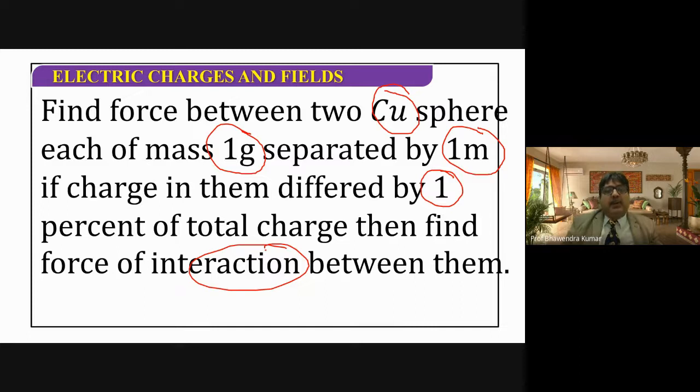Now I hope you won't ask what is the atomic number of copper and what is the atomic mass of the copper. 63.54 is the mass, and atomic number is 29.